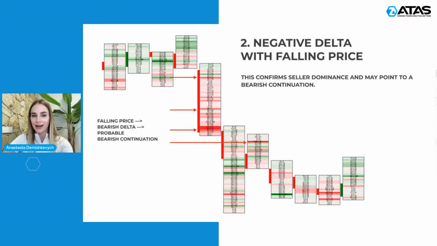As you can see in this example, the price has been consolidating for a while, and then the next candle started dropping down. In this bearish candle, you see the red bright negative deltas appearing on several levels, with a majority of sell levels, so the short negative delta appearing on the bottom of the candle.